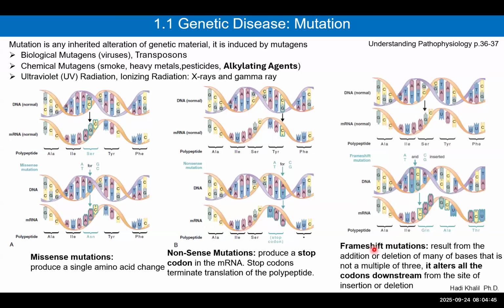You started with alanine, isoleucine, and now you shifted from serine into glycine. So everything downstream of isoleucine is different. So that's what we call a frameshift mutation. The whole frame has been shifted just after that mutation. So the polypeptide that is generated downstream is totally different from the original one.